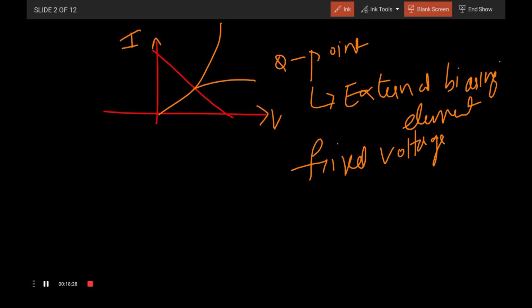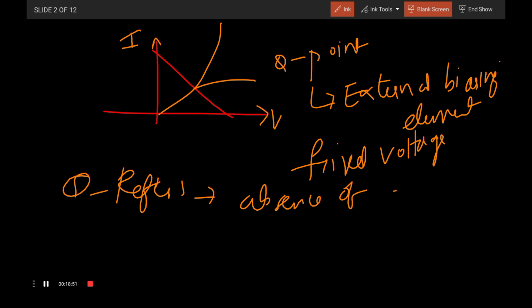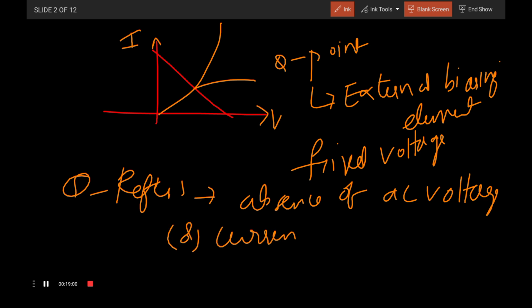This quiescent value also refers to the value of a current or voltage in a transistor in the absence of AC input. So the quiescent point also refers to the absence of AC voltage or current.